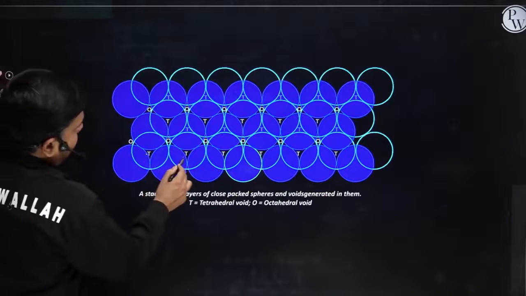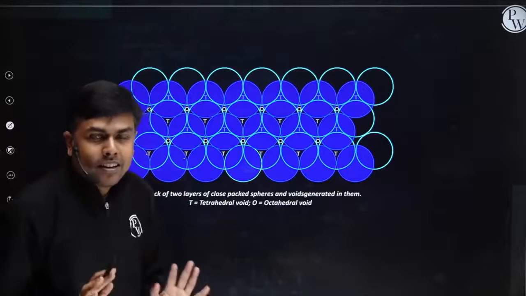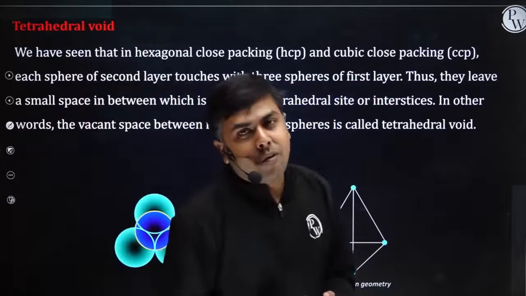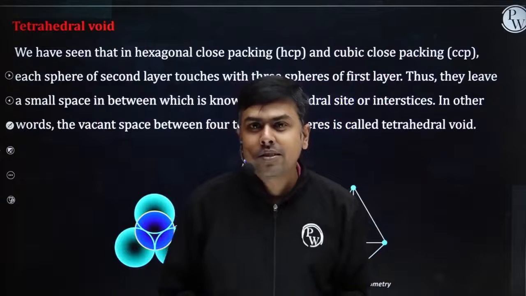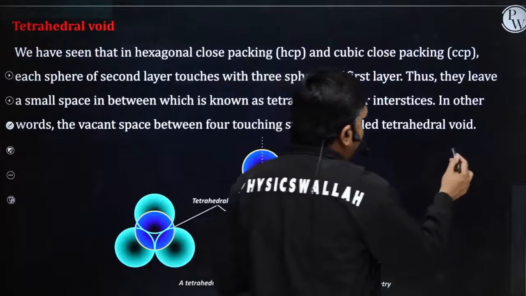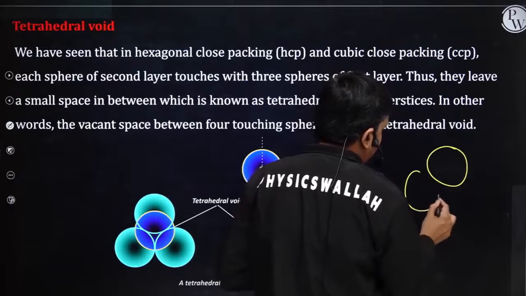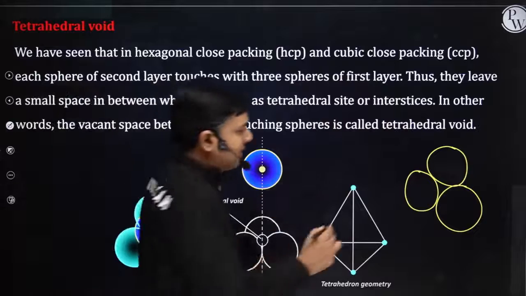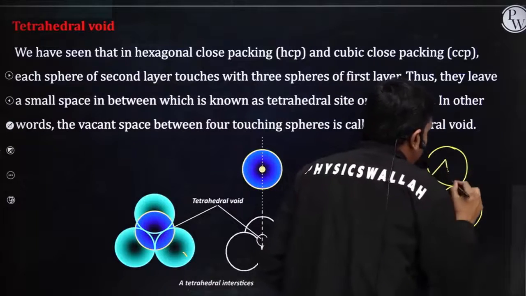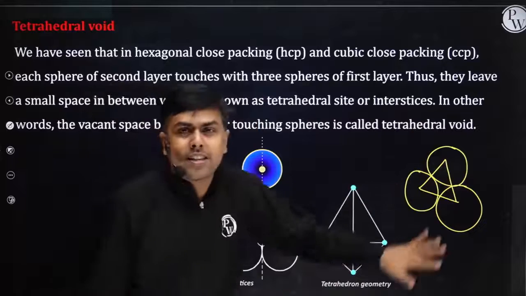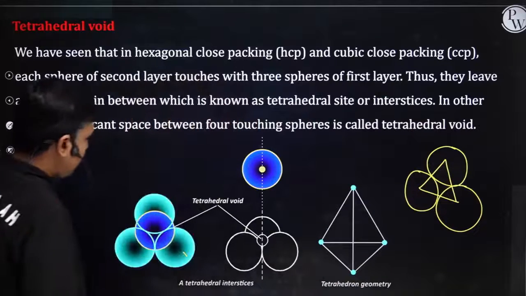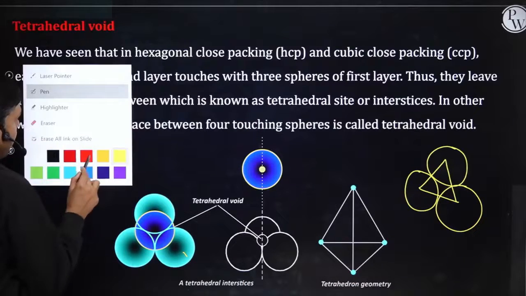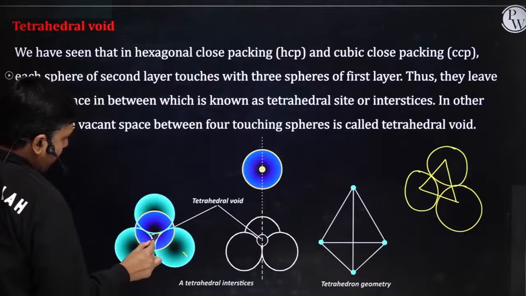Tetrahedral, octahedral, but how do we get it? Let us try to understand. Students, in order to get a tetrahedral void, take three spheres and arrange them in such a way that the three spheres touch each other. They are forming a triangular pattern, placed in the form of an equilateral triangle, right? They are touching each other. Now, if you focus here, as soon as I place these three spheres touching each other, we observe one type of triangular void here, right?